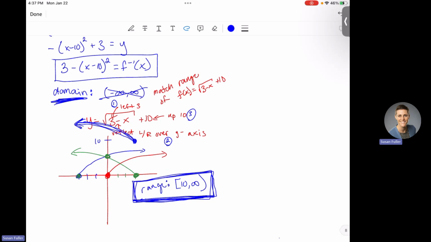The only time that this will really happen is if you have square roots. That's going to be the main time when this happens in your functions. So if your original has a square root in it, be really careful and make sure that you check the range of your original square root graph. Okay.